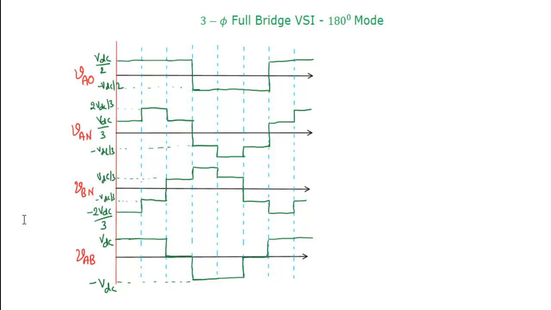Remember, here a few things we need to remember. The first thing is pole voltage is a perfect square wave. This is called 180 degree square wave mode. Okay, this is a perfect square wave. This is also called 180 degree mode. Then phase voltages are actually having stepper square waves. Okay, these are stepper square waves.